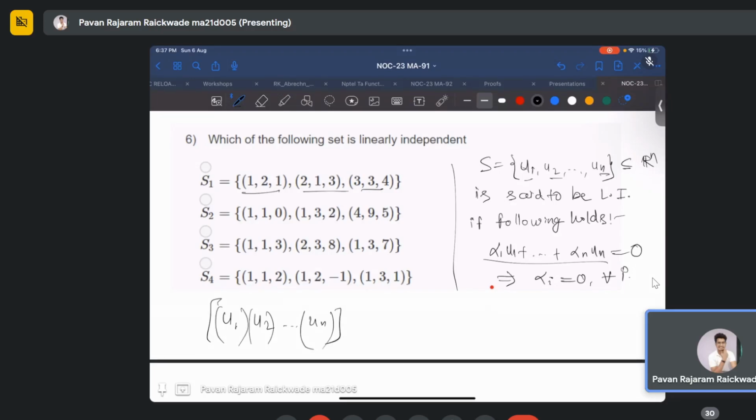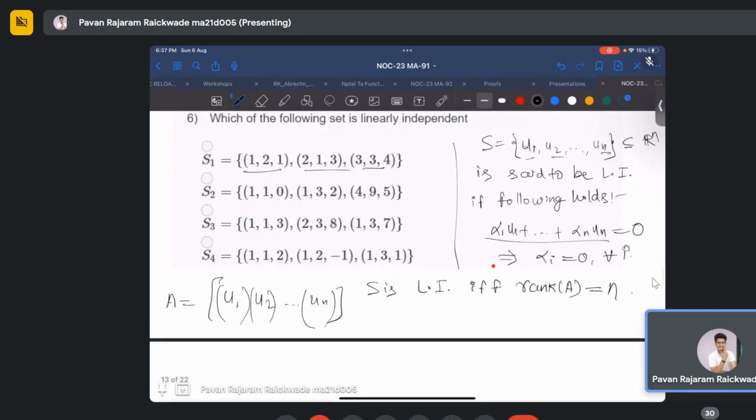Call this matrix A. Then S is linearly independent if and only if the rank of A is n. That's all. In Rn, linear independence boils down to the rank of the matrix being equal to the number of vectors.